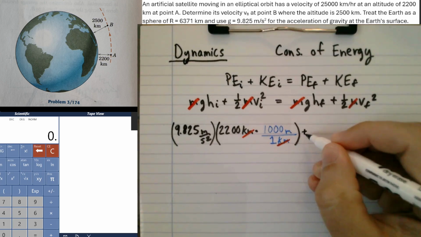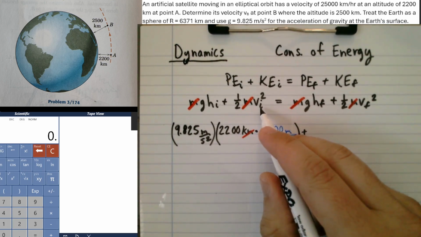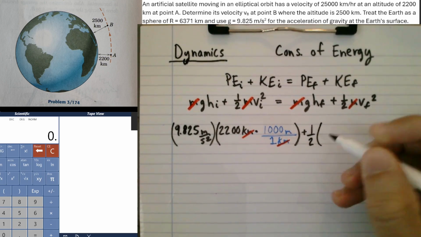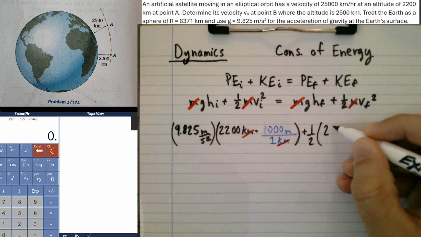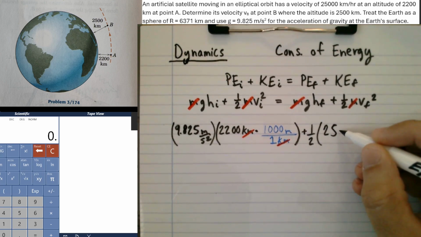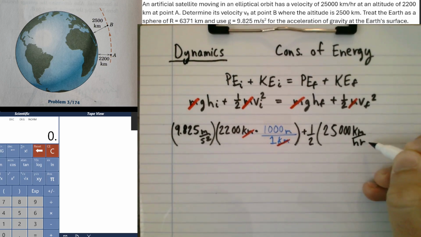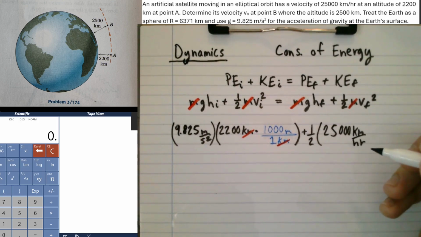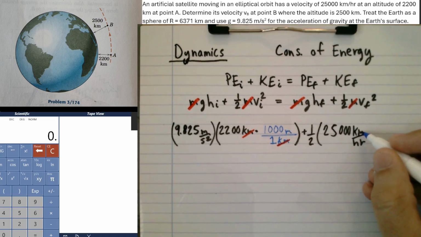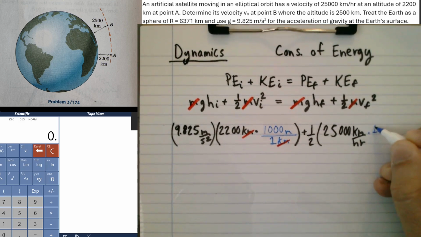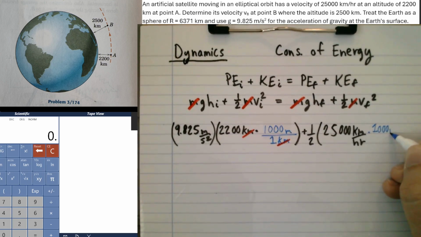Plus our second term, 1/2 initial velocity of the satellite squared. So we have 1/2, and our initial velocity is in units of kilometers per hour. We have 25,000 kilometers per hour. So we need to also convert this into meters per second. In order to convert the top part into meters, we multiply by 1,000 meters and divide by 1 kilometer.